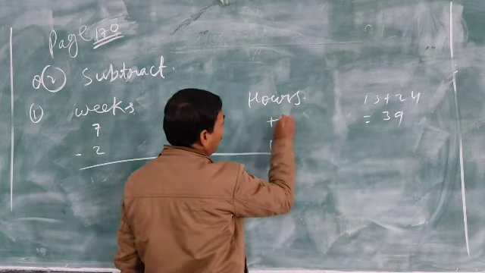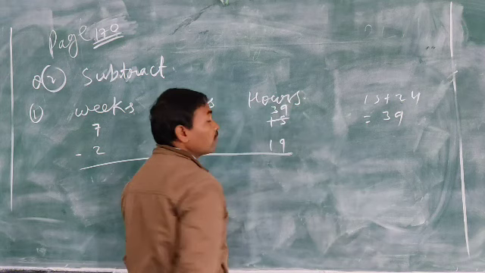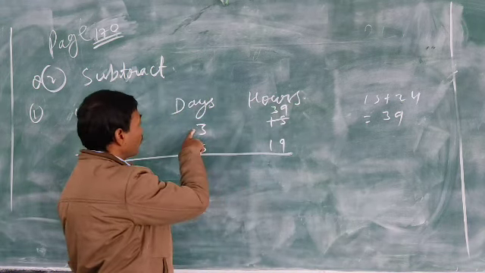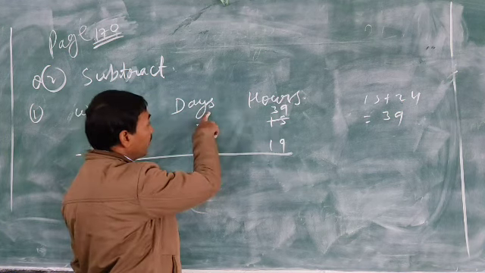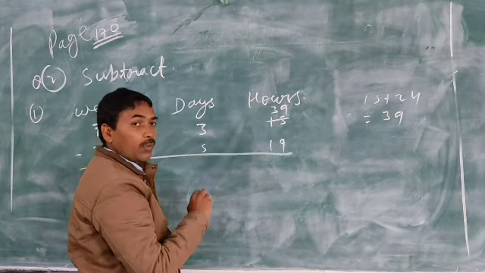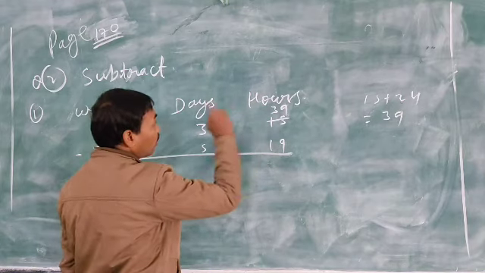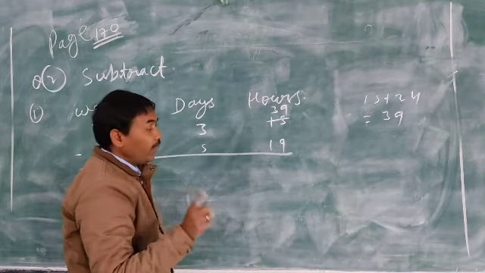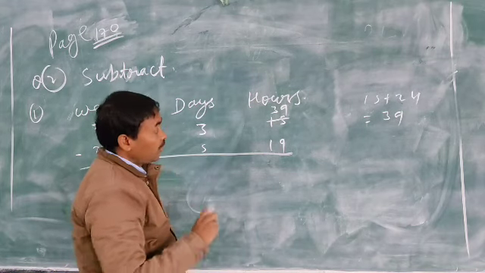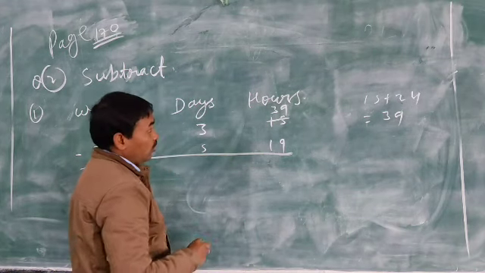So in the place of 15, you should write 39. You know the relation between days and hours: 1 day equals 24 hours. So this number of hours will be increased by 24, not by 1. Keep this in mind. Remember it.